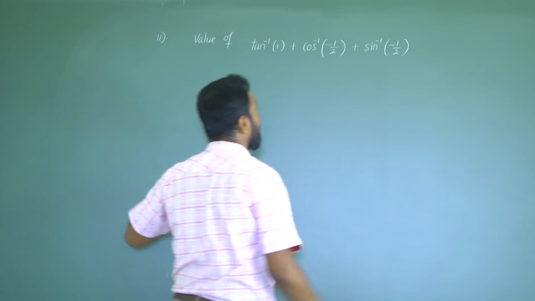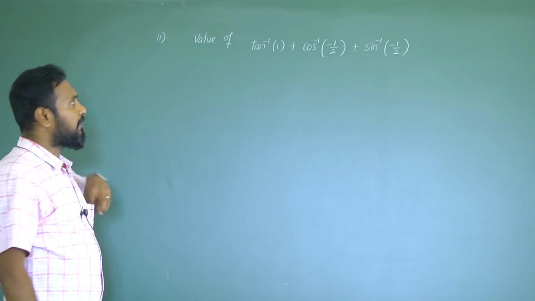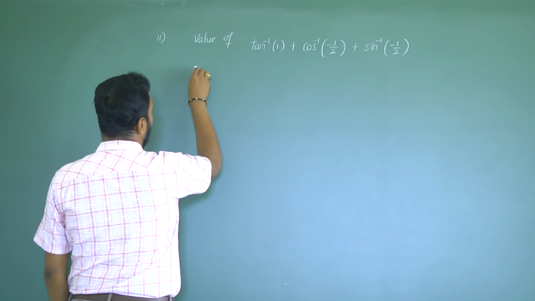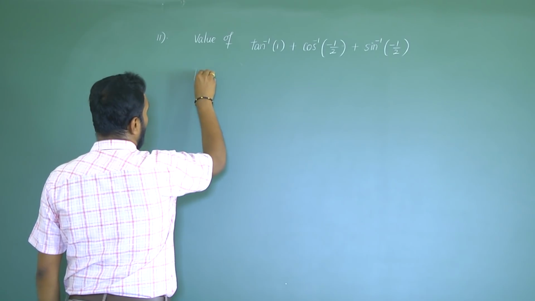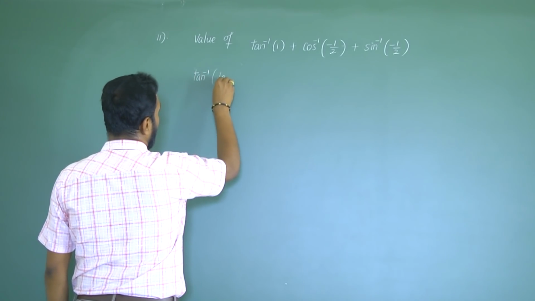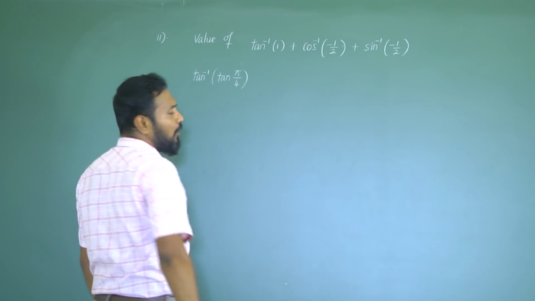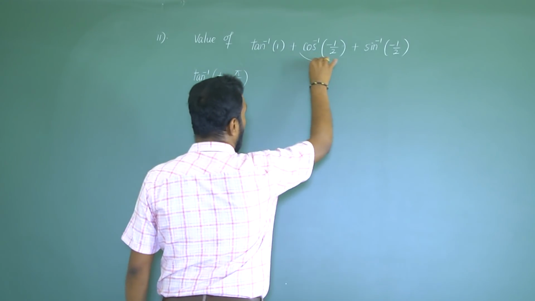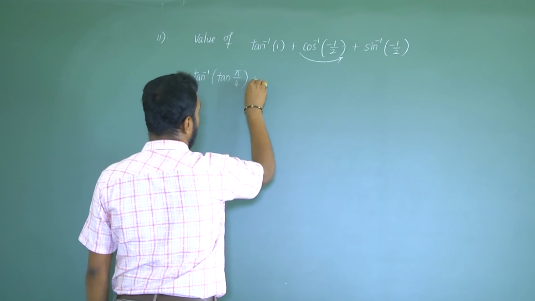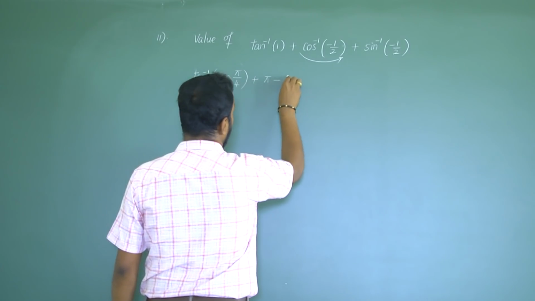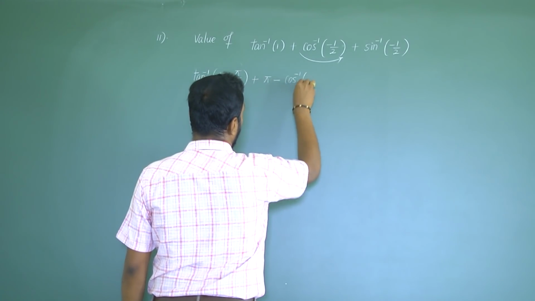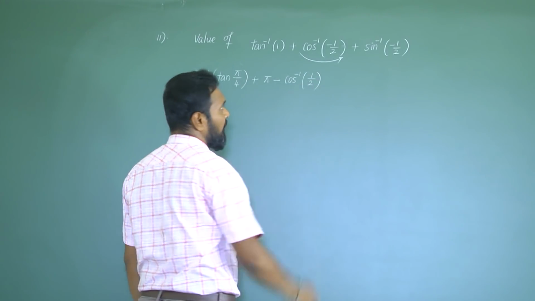How can I write 1 in terms of tan function? Tan pi by 4. Cos inverse of minus x formula, if you apply it for this, pi minus cos inverse 1 by 2.